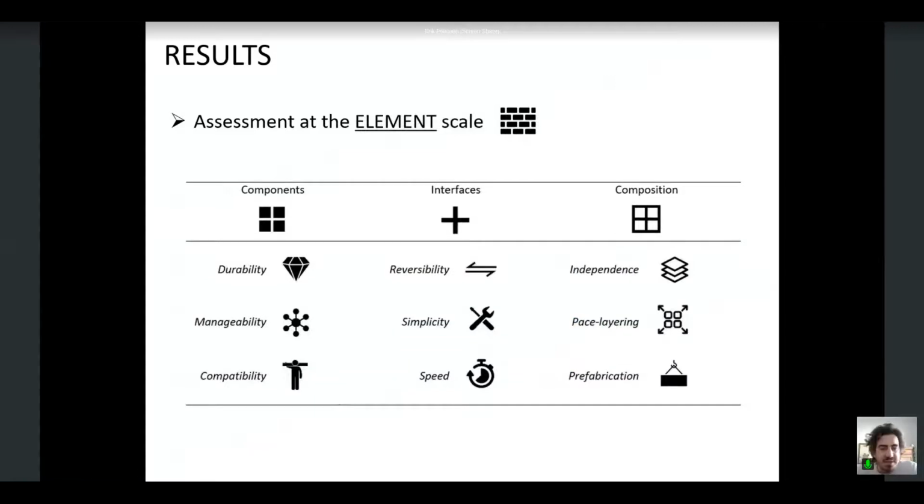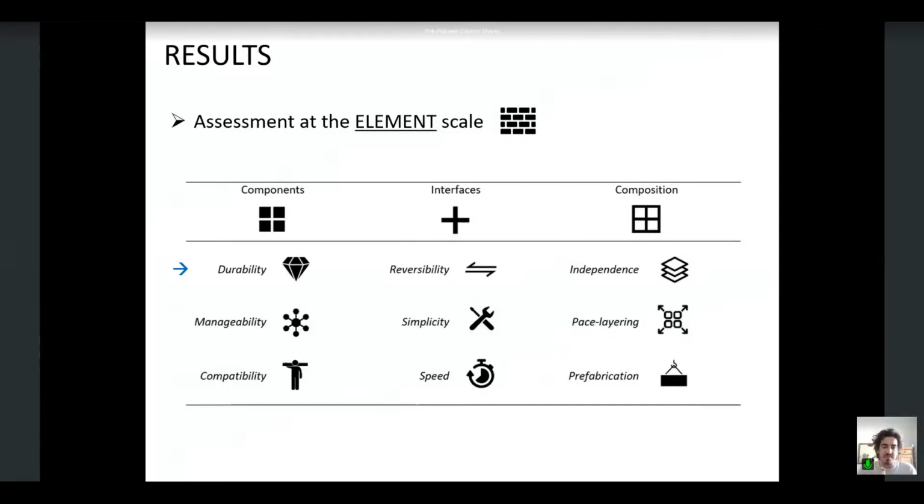Then at the building element scale, so in this case, the earthen walls, I have a few important remarks to make. First thing to say is that there are a lot of misconceptions about the durability of earthen buildings. So for me, it's important to say that one, there is enough empirical evidence of earthen buildings that have lasted for centuries.